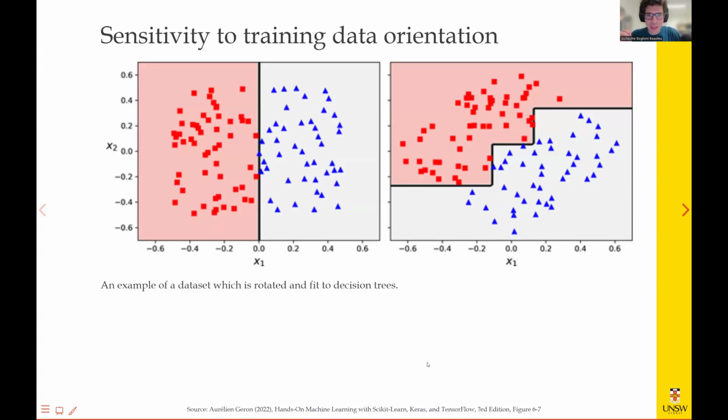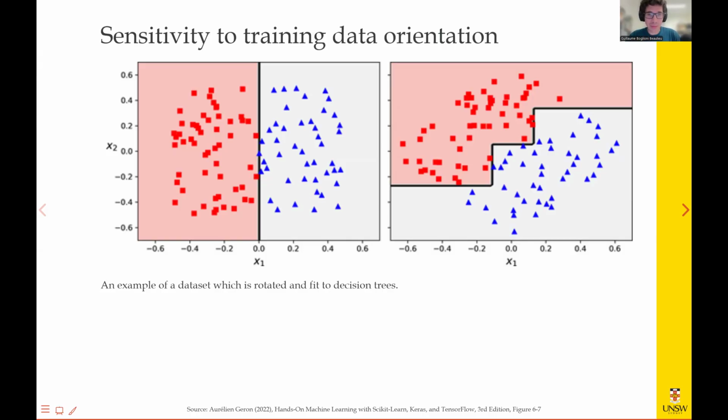Okay, I'm going to say one thing. The orientation in space of your predictors might affect how well trees are going to perform.